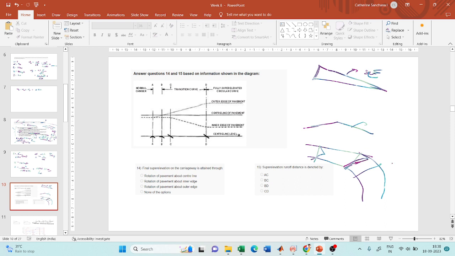Now, how will you introduce the super elevation? Do you think that till this point you can provide camber and after this you can simply jump to super elevation? You can simply convert the cross section to a right angle triangle from this point to this point. It is not possible, because you have to introduce it smoothly for the vehicle. You should not be able to realize the transition that is happening.